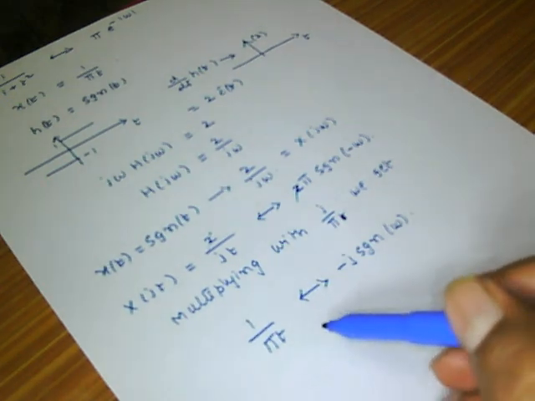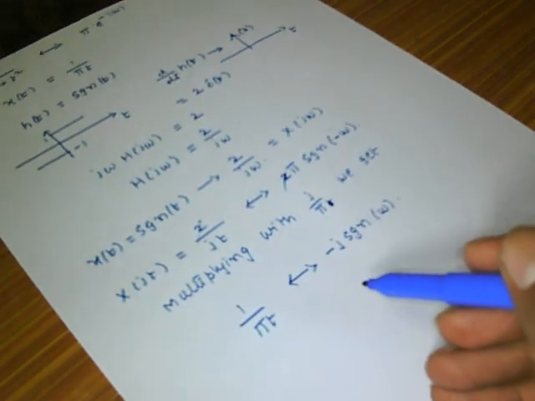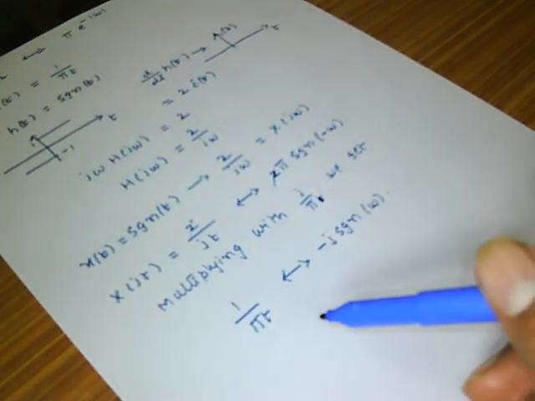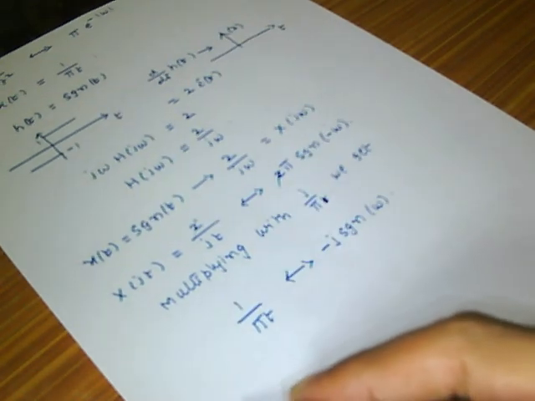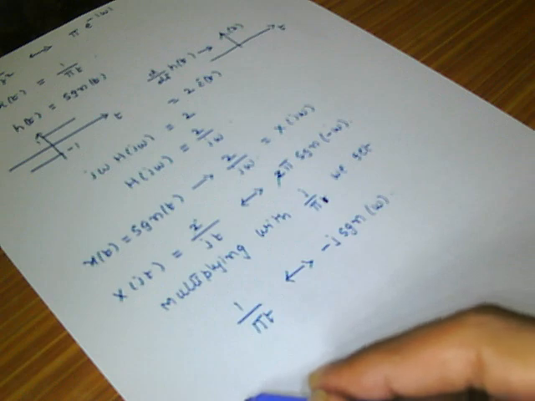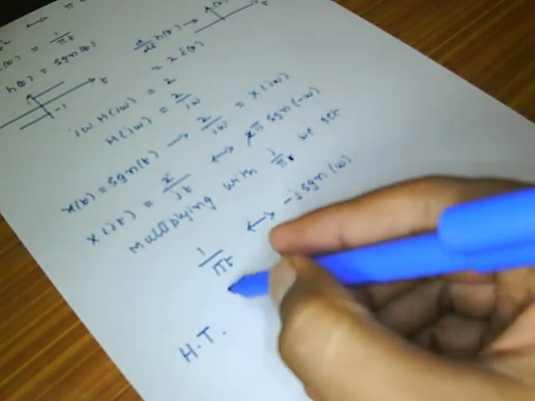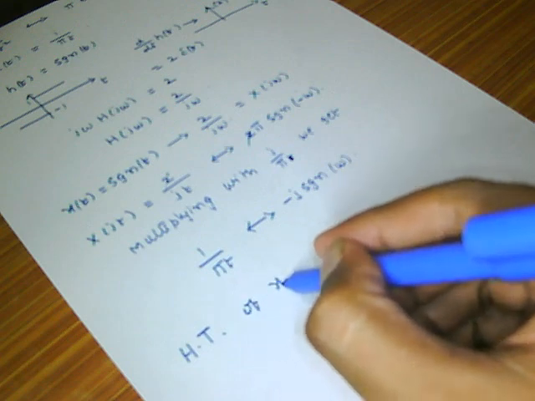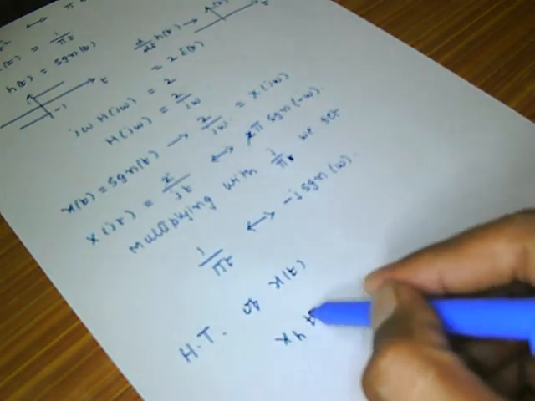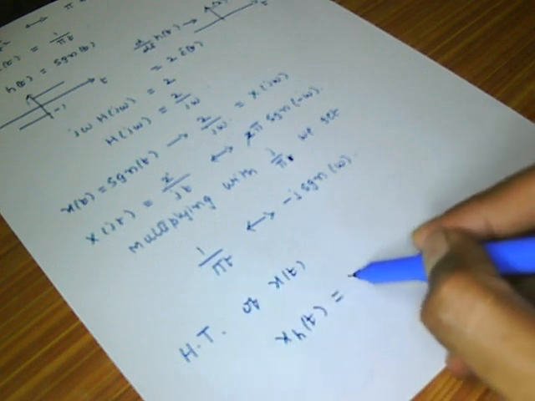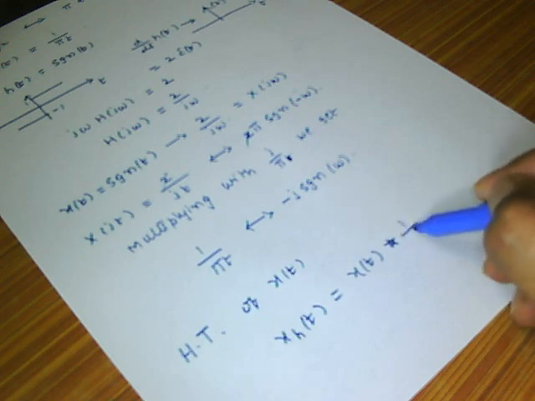So 1 by pi t is a very important example. The Hilbert transform of any signal x of t starts with 1 by pi t. So just before we end, we will see the definition of the Hilbert transform. We define the Hilbert transform of any signal x of t as x h of t equal to x of t convolved with 1 by pi t.